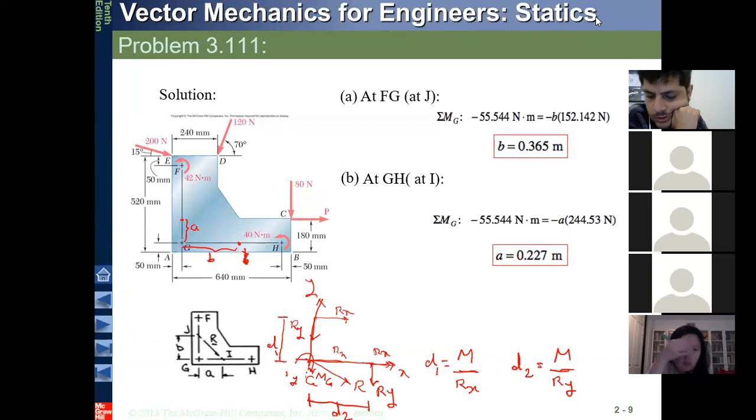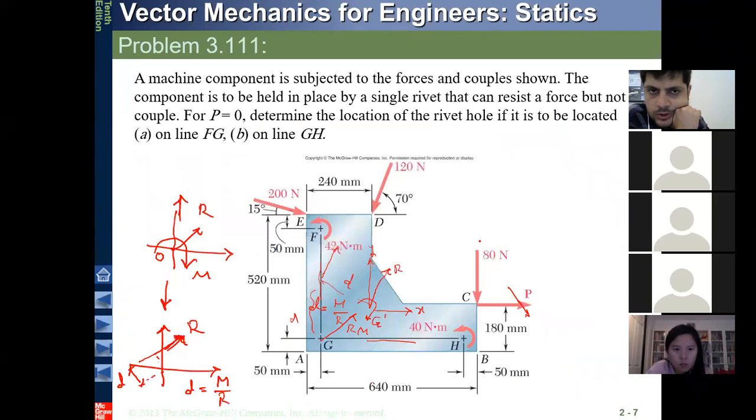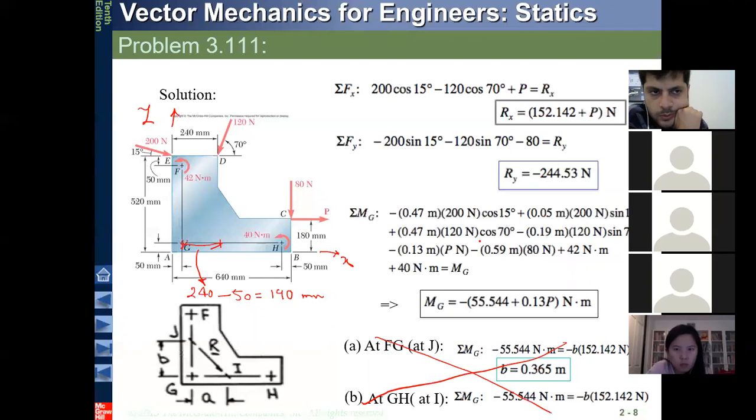Any other questions? So let's review this problem. We have four forces and two couples acting on this system. So we're not going to be concerned about this P here. It is equal to 0.